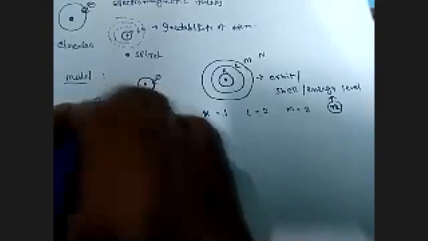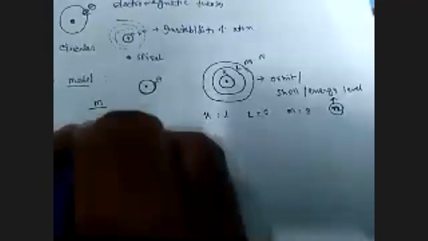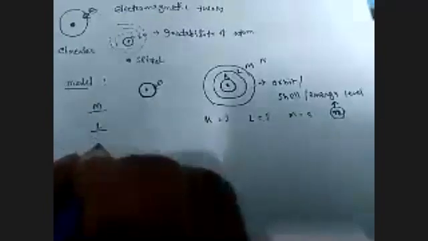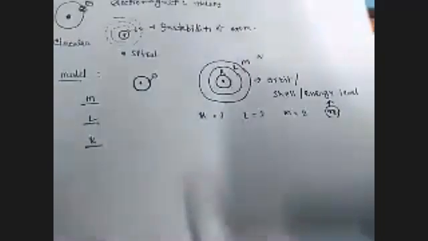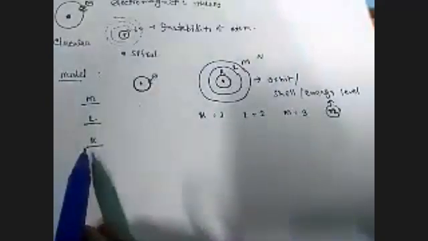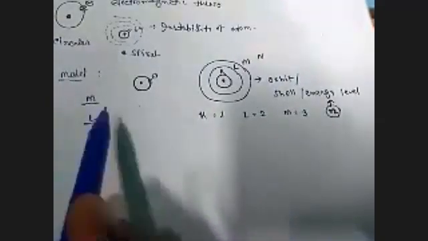Now try to understand. Suppose this is the M cell, this is the L cell, and this is the K cell. So the K cell is closest to the nucleus, and the M cell is farthest among these three.